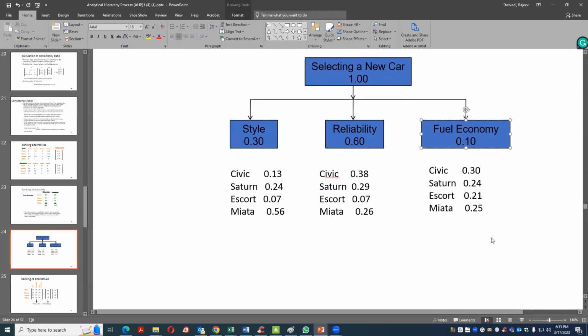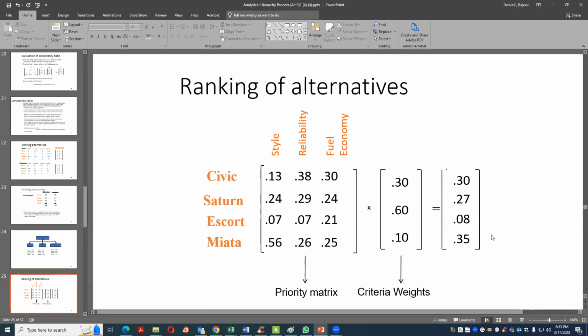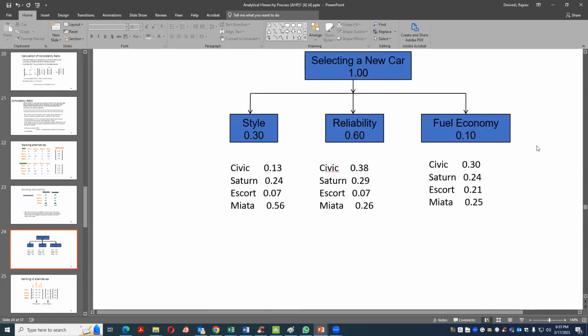So this is a classic example. Now we are going to multiply. How are we going to multiply? I can give you one simple example here. So for style, let's see the total value of Civic. I multiply this with 0.3, I multiply with 0.6, I multiply this with 0.1, because this is a weighted average.